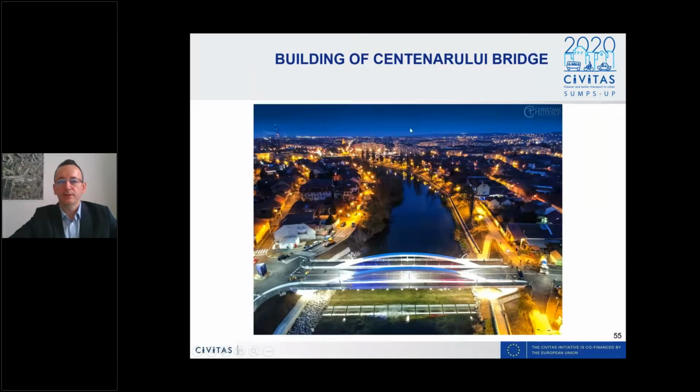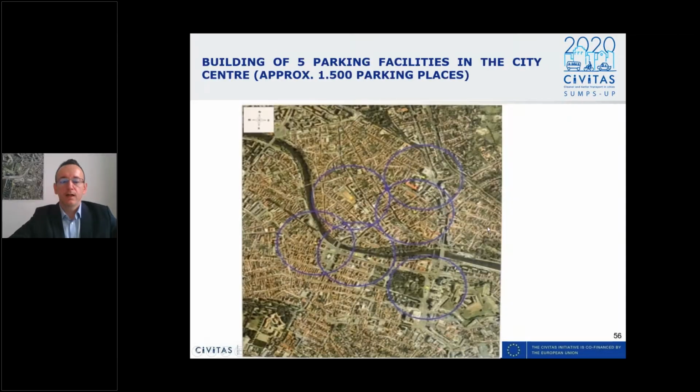Another project was related to the extension of the public transport, but also the related infrastructure in the historical city center. Another important measure is the building of 5 parking facilities in the city center, approximately 1,500 parking places.